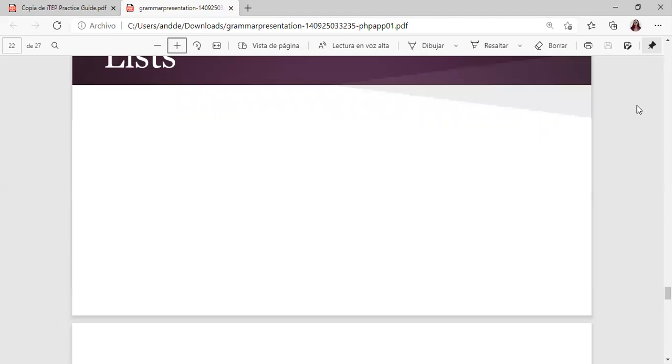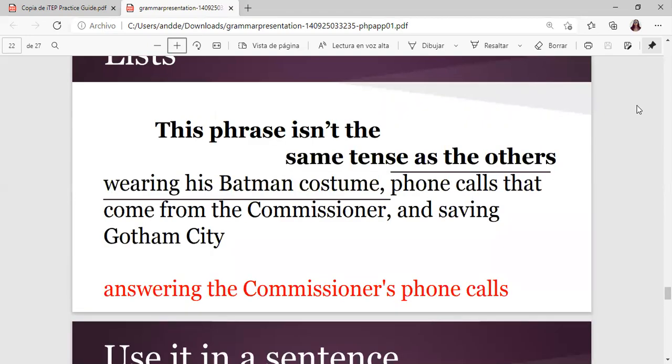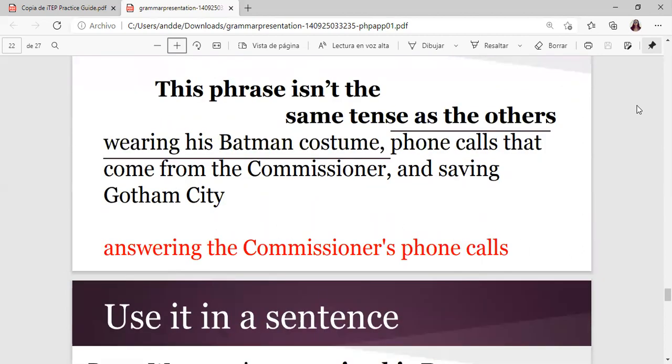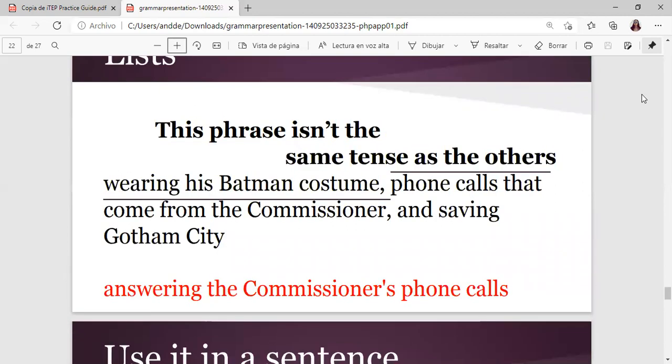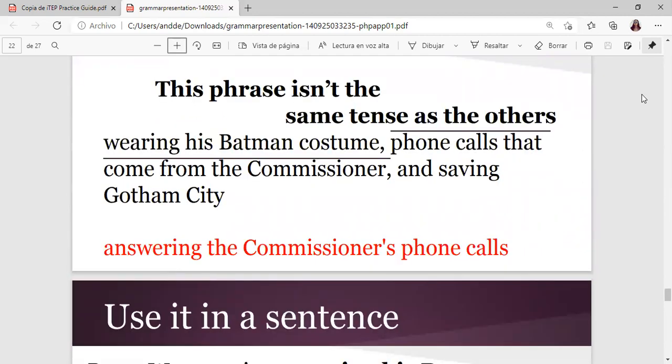This phrase isn't the same tense as the others. Wearing his Batman costume, phone calls that come from the commissioner, and saving Gotham City, they are not using the same structures.